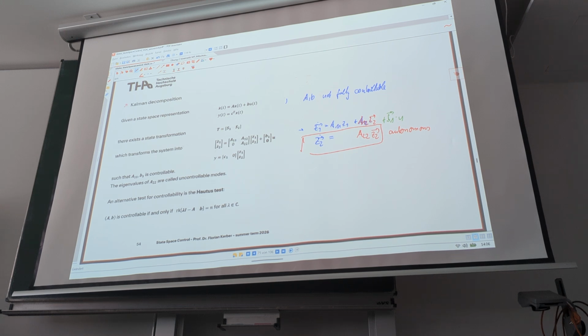So which means that this part of the state cannot be influenced by the input, which also means that we have no chance of controlling it.